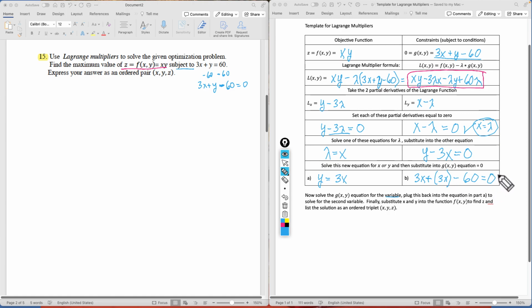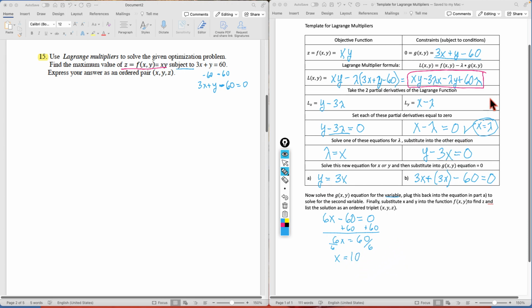It's not just an expression, it's an equation equal to 0, otherwise we can't solve. So we get 6x, 3 plus 3 is 6, minus 60 equals 0. Let's solve for x. Add 60 to both sides. 6x equals 60. Divide both sides by 6. x equals 10. Very good.